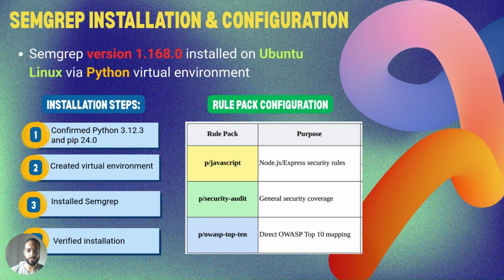And for the rule packs, here in this table, we use three rule configurations. The first one is for security rules, the second one is for general security coverage, and the third one is for direct OWASP Top 10 mapping.